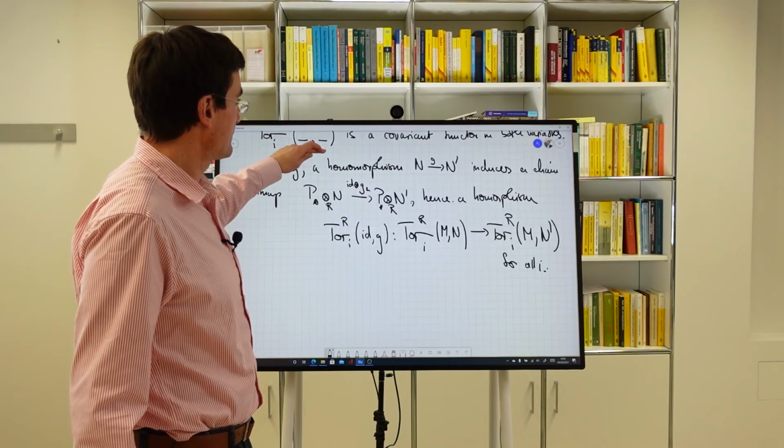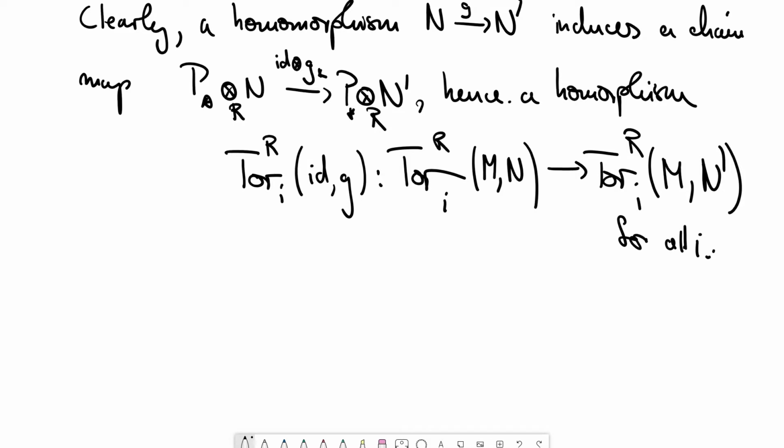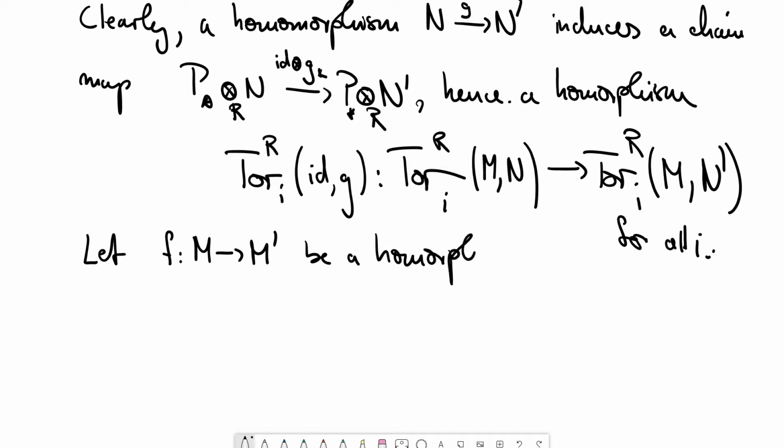What about the functoriality in the first variable? So if you have a homomorphism f from M to M prime, then we have the problem that M and M prime don't really appear in the definition explicitly. They appear somehow in a hidden way via the resolutions. So we have to choose a resolution for M, let's call it P_*, and one for M prime, P_* prime.